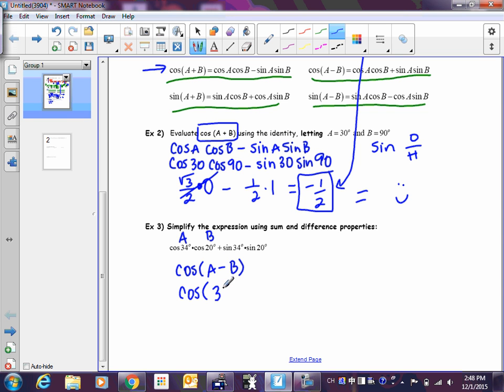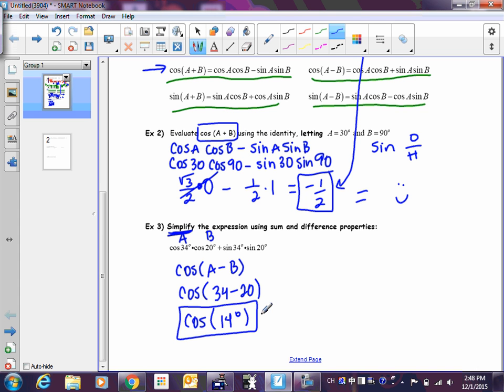Let's plug in 34 for A, and let's plug 20 in for B, and I can subtract those numbers. That's really not that hard to do without a calculator. I get 14. All right, so I haven't evaluated, but the directions just said I needed to simplify. So that's your answer. That big, long, messy thing is the same as cosine of 14 degrees.